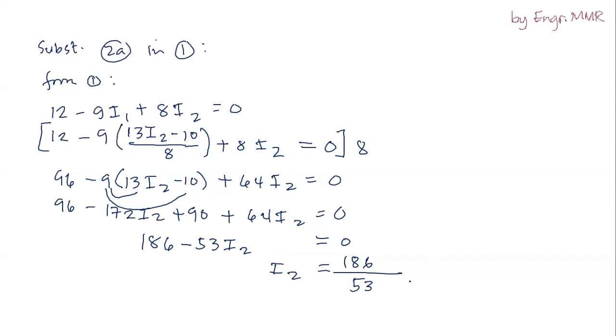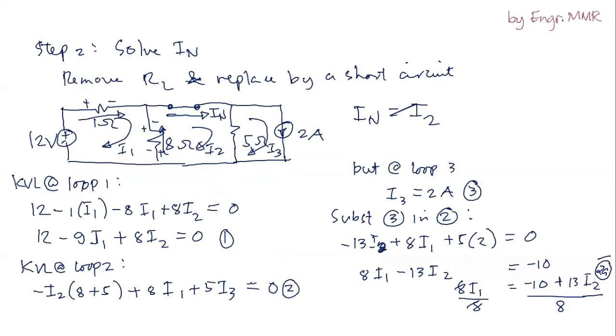If we solve 186 over 53, this is 3.5094 amperes. But as you can see, the current that flows through the short-circuited terminals is IN. So we have come up with the value of IN, which is equal to I2.